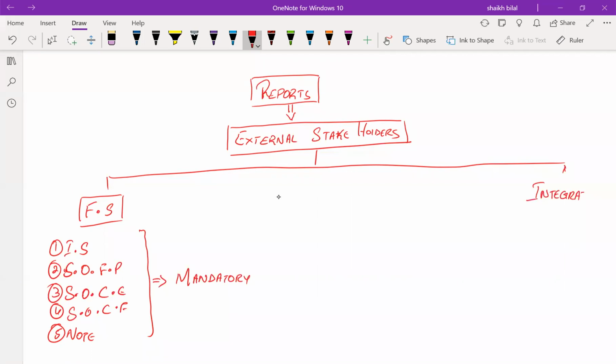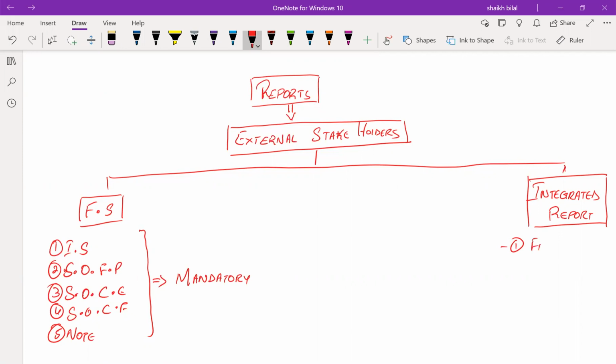But if I talk about the integrated report, it includes a report on the six capitals of the company, that is the human capital, financial capital, manufactured capital, each and everything.